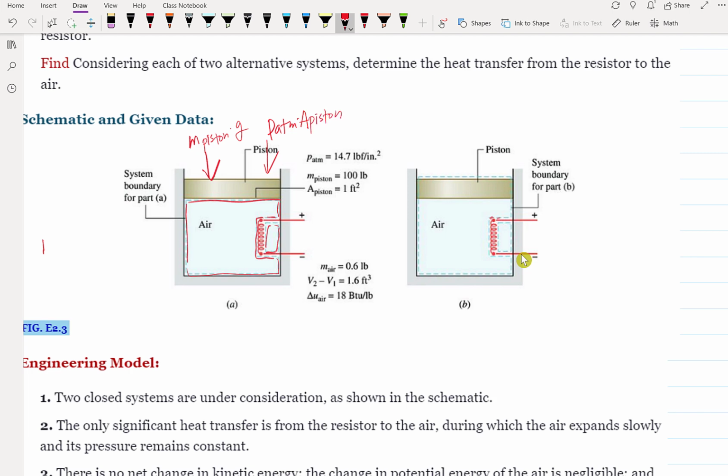These two forces are balanced by the pressure in the system. So we can write the force balance equation.